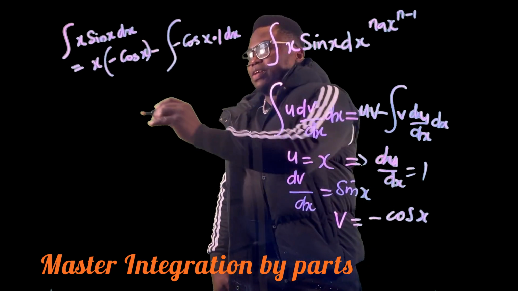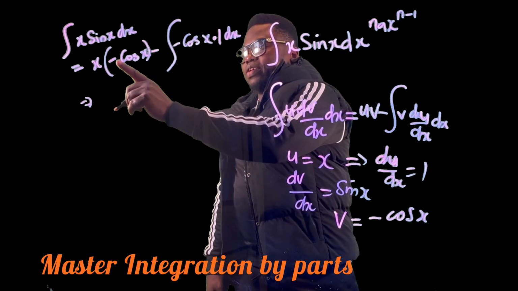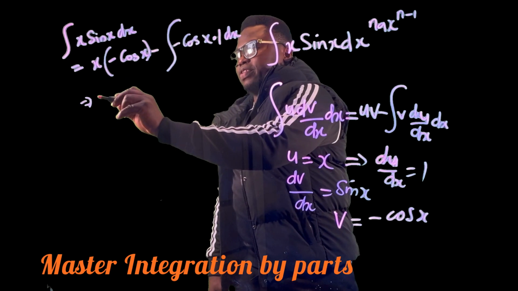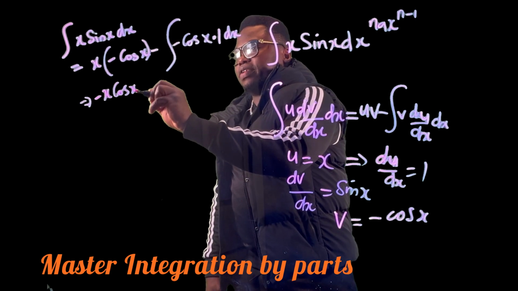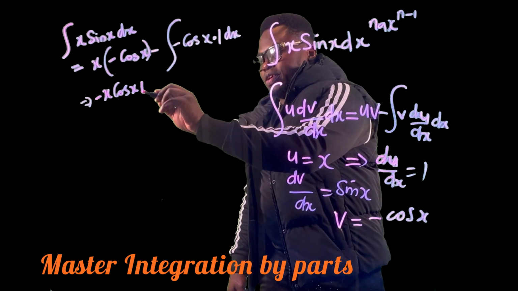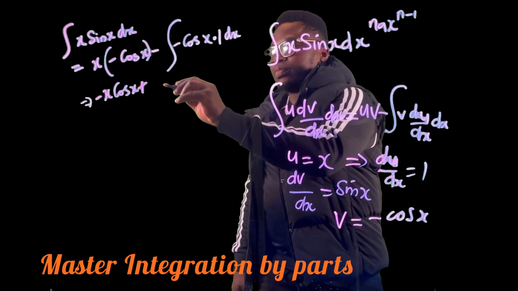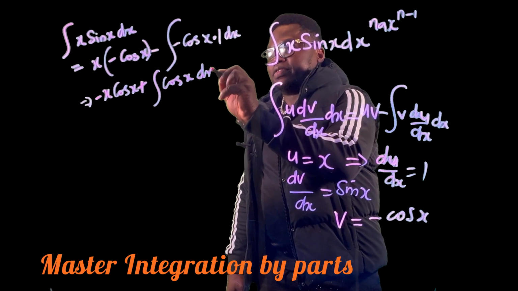So now this is going to be equal to, I'll bring the minus sign outside, it will be minus x cos x, minus minus is plus, because minus times minus is plus. I'm going to put plus here, then integral cos x dx.